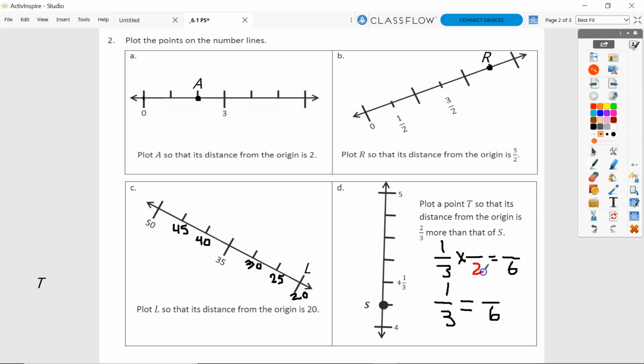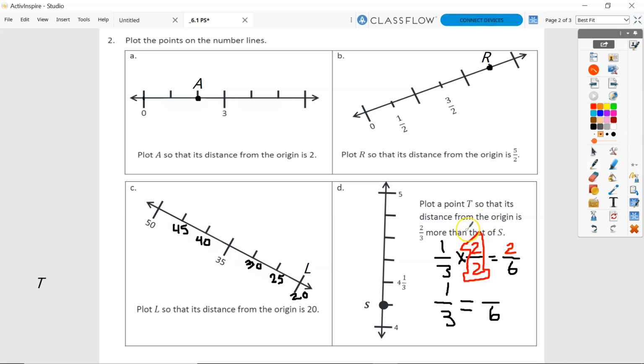I know my answer is going to be 2. And if I have a 2 in my denominator, I have to have a 2 in my numerator, because this has to equal 1 whole for these numbers to be equivalent. Remember, I'm doing this with my mouse. So 1 times 2 equals 2. So 1/3 is equal to 2/6.